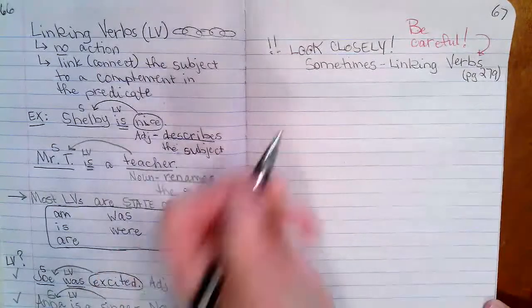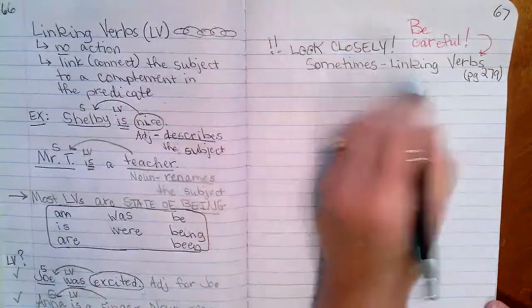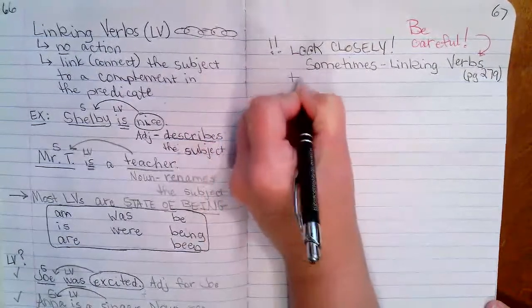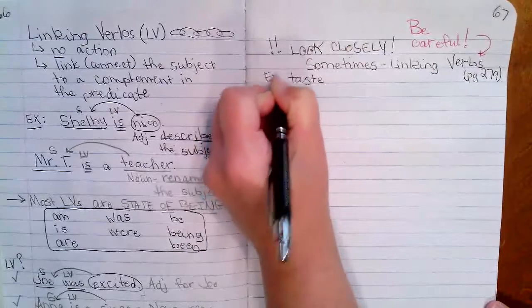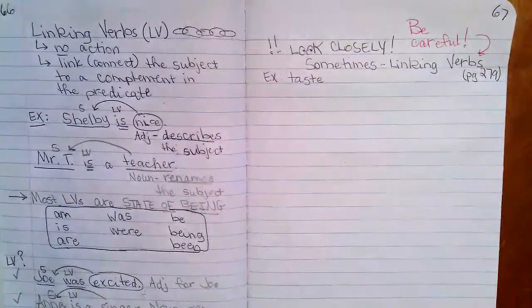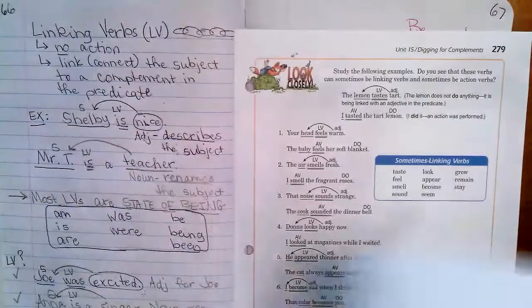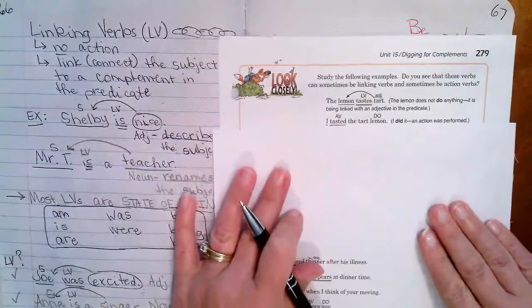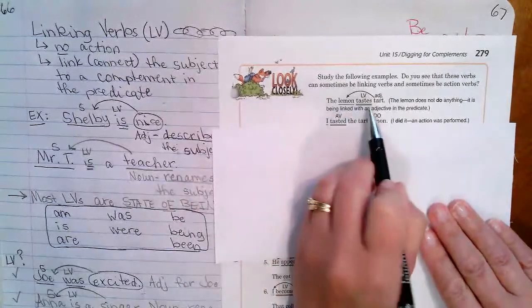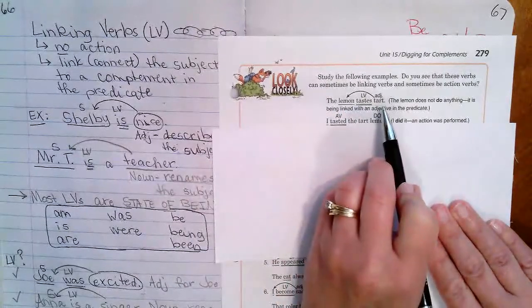Now, our first sometimes linking verb is the word taste. We see an example of that in the example on page 279. Let's peek at that up here. The lemon tastes tart.